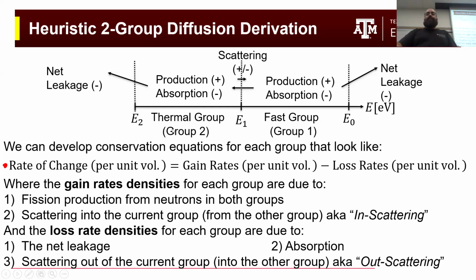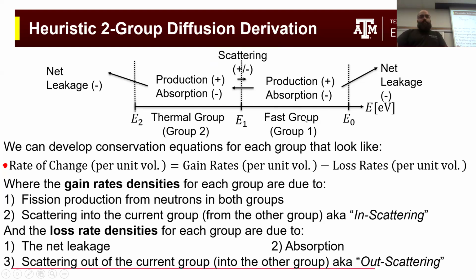What that conservation equation would look like is: rate of change per unit volume of my neutron population equals all the ways that I could gain neutrons, my gain rates per unit volume, minus all of my loss rates per unit volume. We had already set this up when we did our plus and minus signs, that production is a gain rate for both groups.